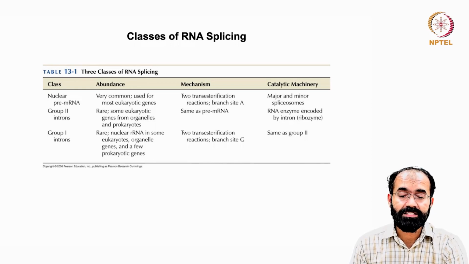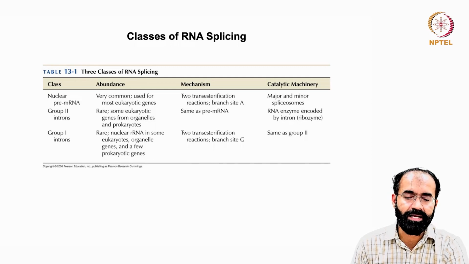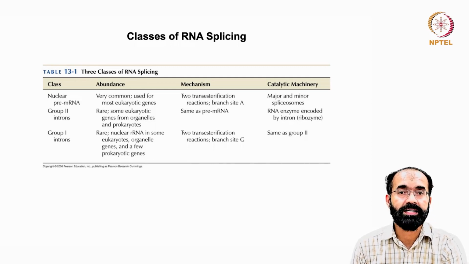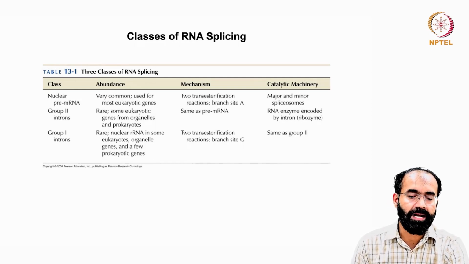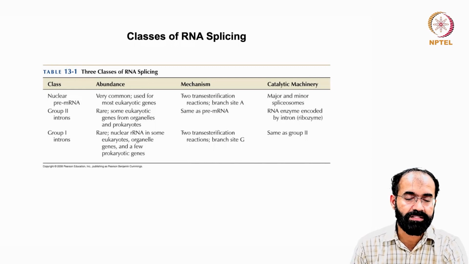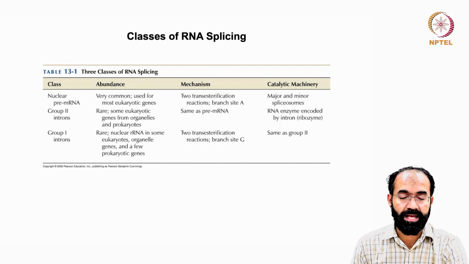The functioning is the same as pre-mRNA, two transesterification reactions, and it's an RNA enzyme encoded by the intron, that is, a ribozyme, and no ATP is needed, whereas nuclear pre-mRNA splicing requires ATP. Group 1 introns are rare, and nuclear ribosomal RNA in some eukaryotes performs this, as do some organelle genes and a few prokaryotic genes.